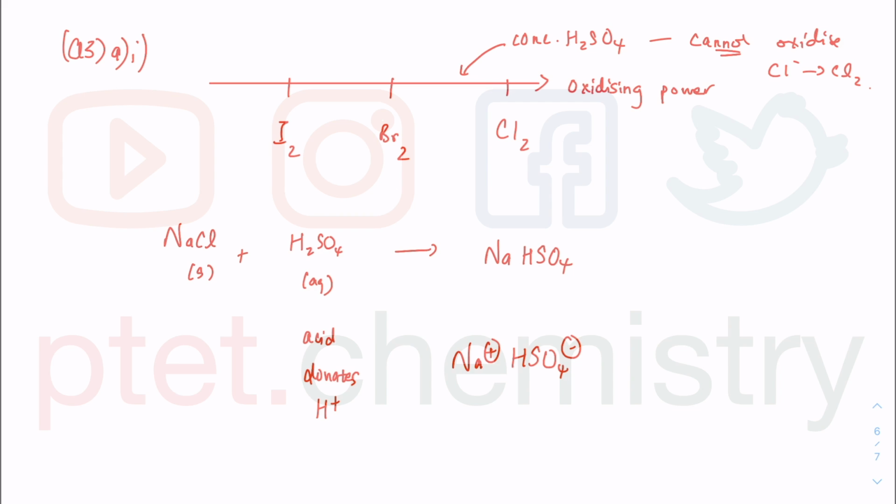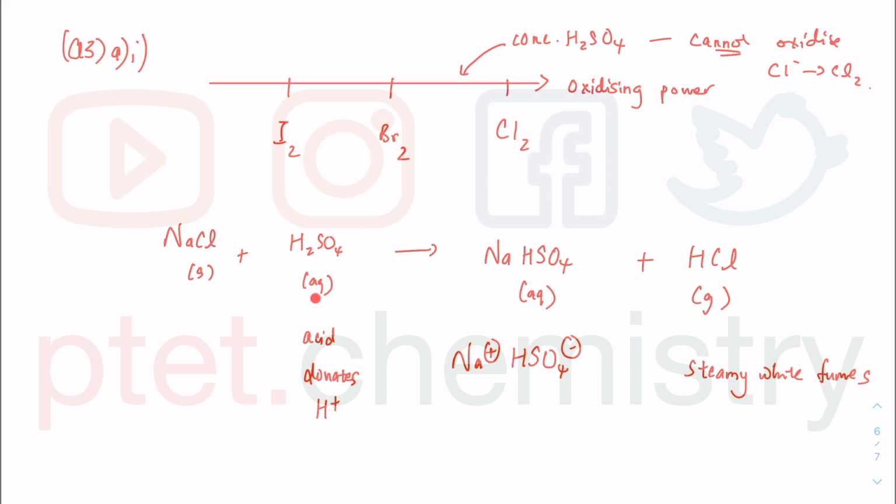The H goes to the NaCl, and it combines with the Cl minus to give you HCl, which will come off as a steamy white fumes, because this reaction is pretty exothermic, so they will give you that as steamy white fumes, and that is going to be gaseous state, and the NaHSO4 is going to be aqueous because this was in water anyway.